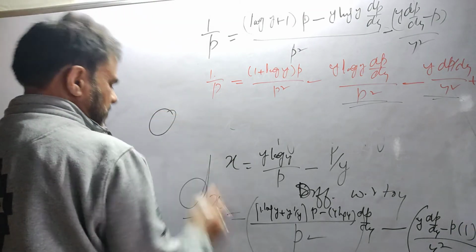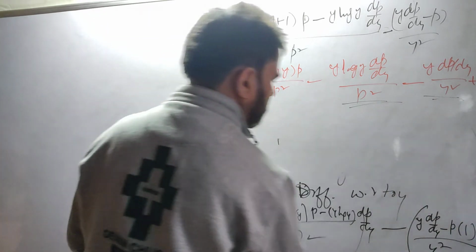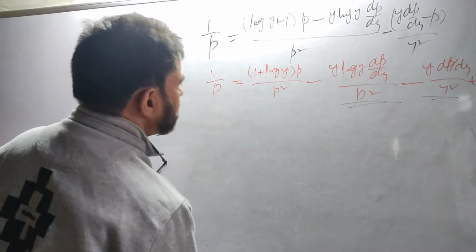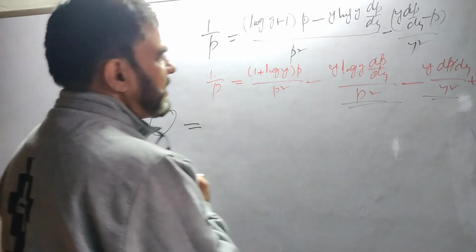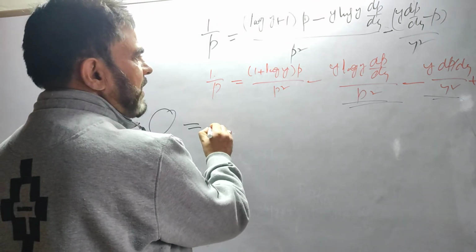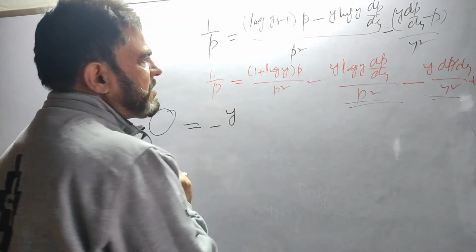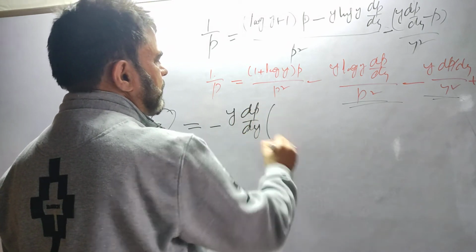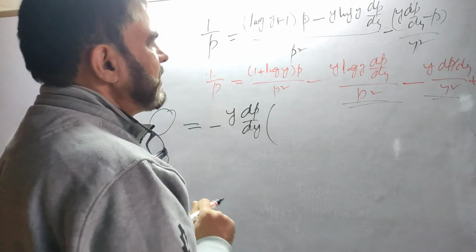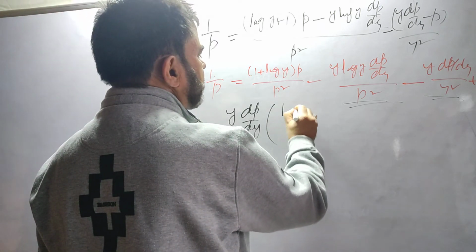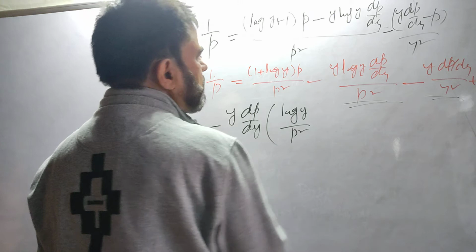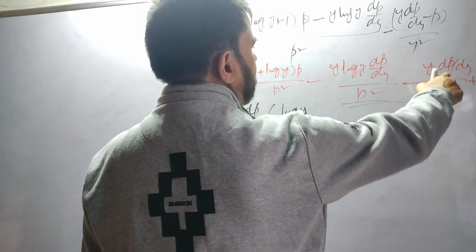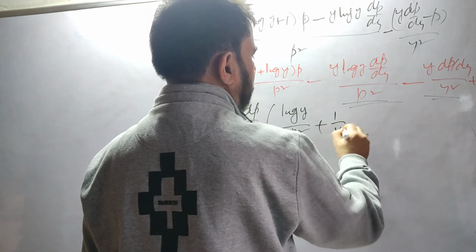You can write 0 is equal to, take common, it is minus y dp by dy. This is log y by p square plus 1 by y square.